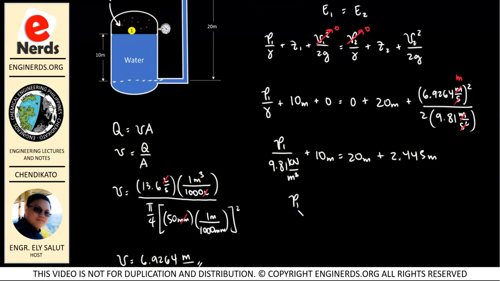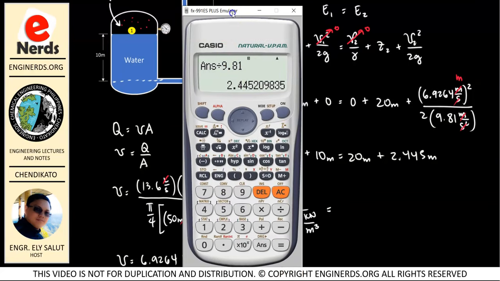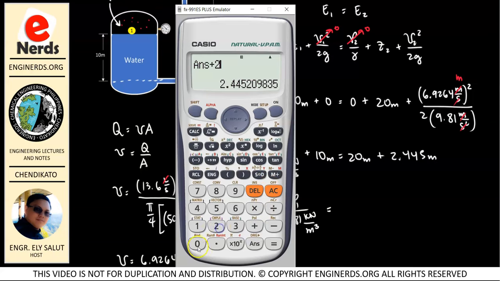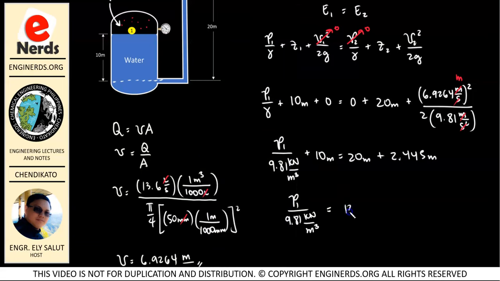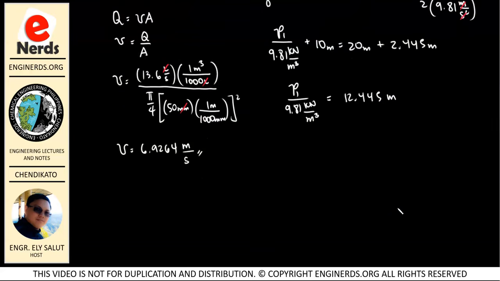Therefore, we have pressure at point 1 over 9.81 kilonewton per cubic meter is equal to 2.445 plus 20 minus 10. We subtract this because it is on the left side of the equation. So we have 12.445 meters.